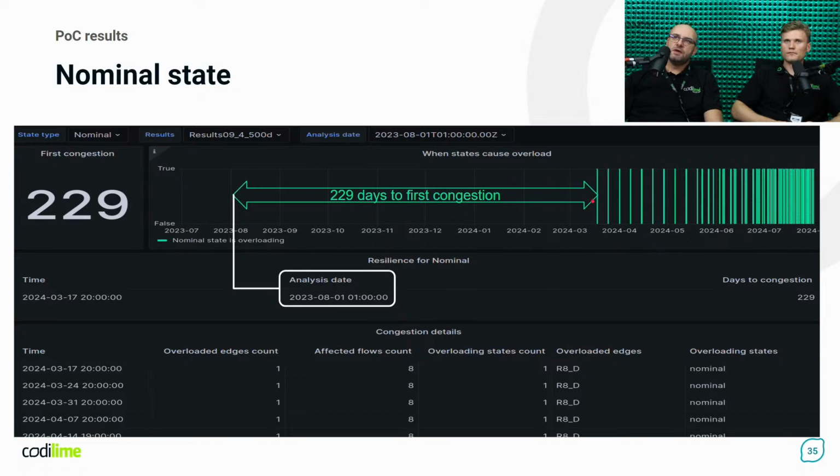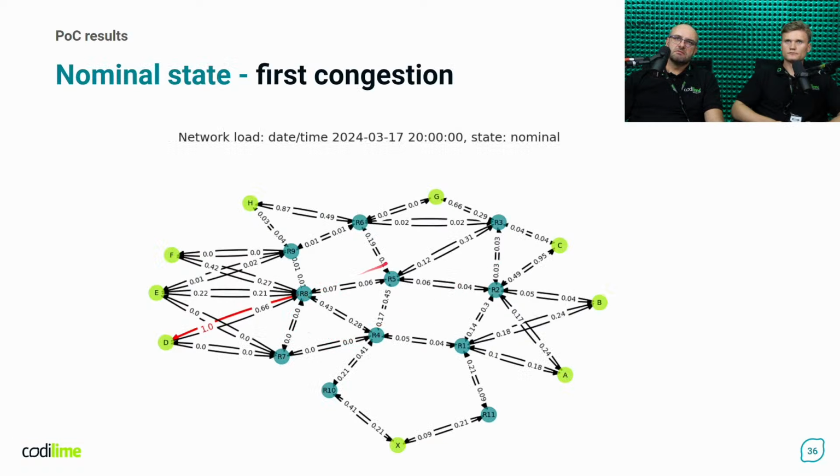Here we assume an increasing trend of traffic, so such a situation will be met more and more often in the future for the nominal state if we do not upgrade or reconfigure our network. So this is the first dashboard, and we can also show such a situation in another representation, on the network graph.